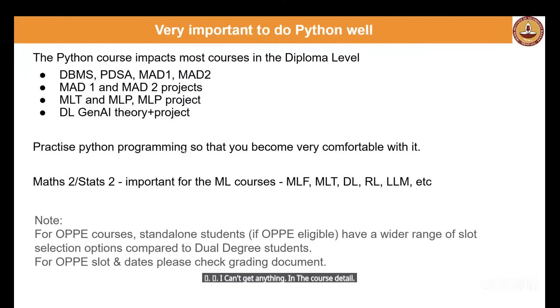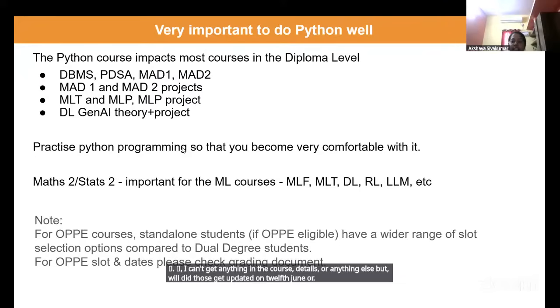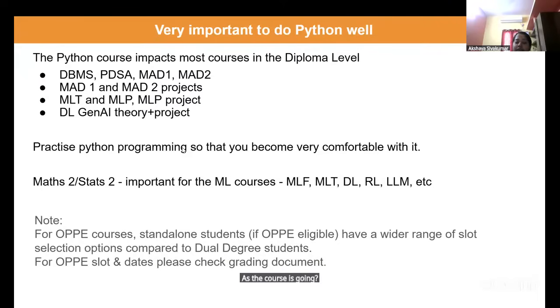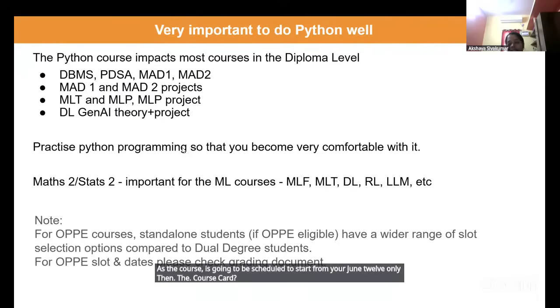Will those get updated on 12th June or later? Exactly. Because you have just entered your foundation in May 2026, and the course is scheduled to start from June 12th, only then will the course cards and the course access, everything, be given to you.